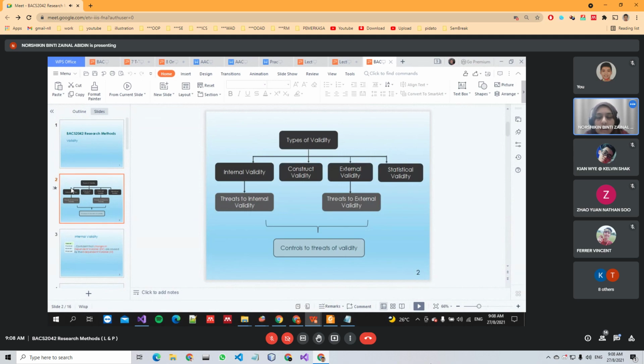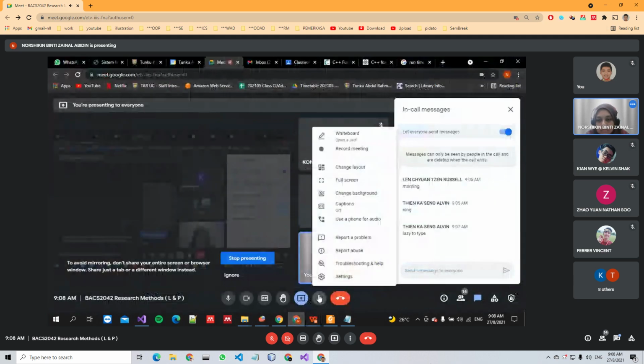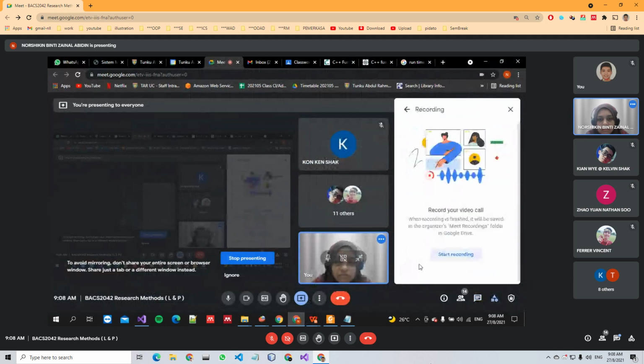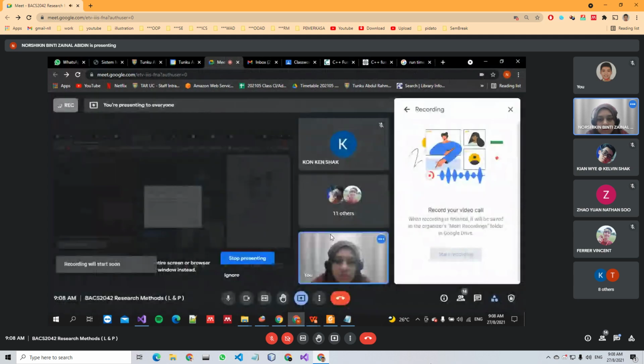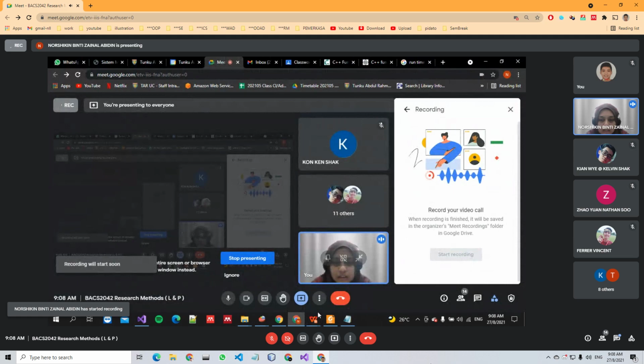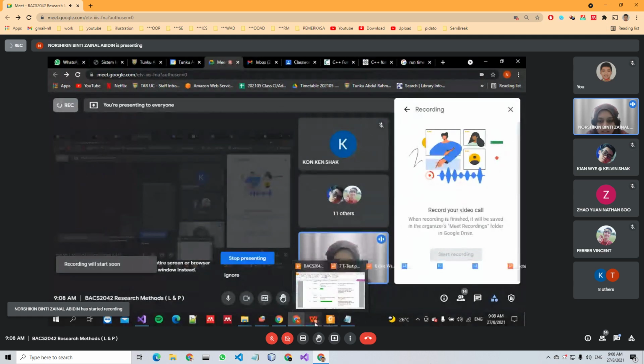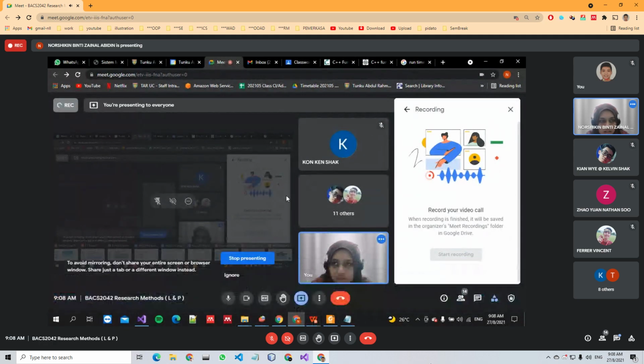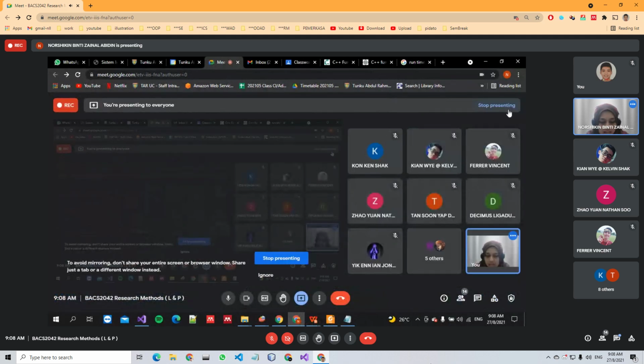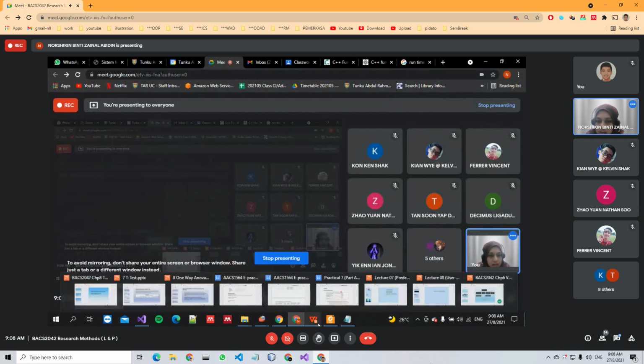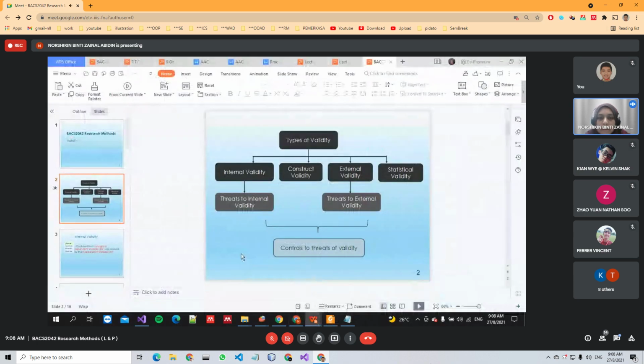There are four types of validity. The first one is internal, then construct, external, and statistical validity.